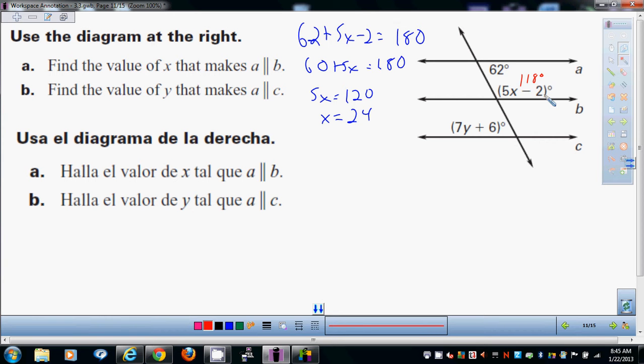All right, which one is that? With which angle? The 118 or the 62? 118. So you want to find this angle. Now, vertical angles are what with each other? Congruent. So we use the vertical angles theorem. Now, what can I do with these two?